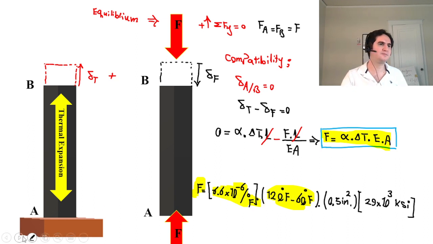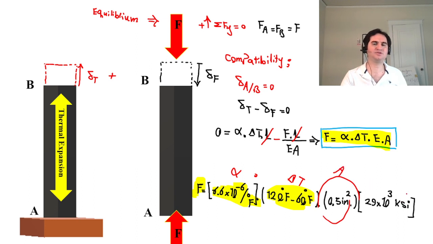So that's our alpha times delta T. This is our cross-sectional area, 0.5 inches squared, times the modulus of elasticity of A36 steel, which is 29 times 10 cubed KSI.